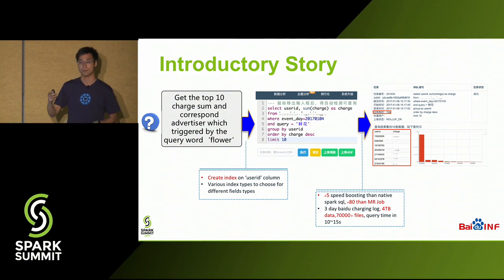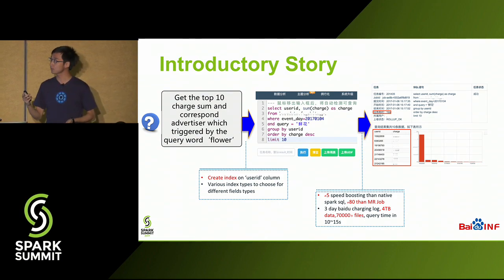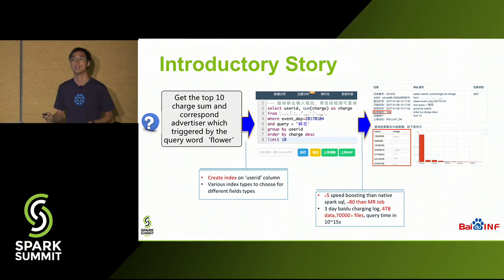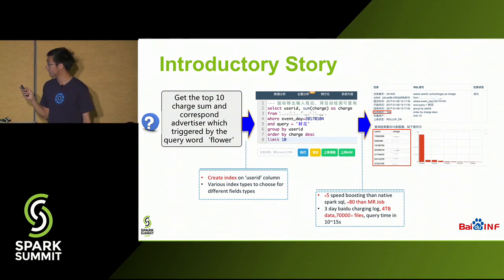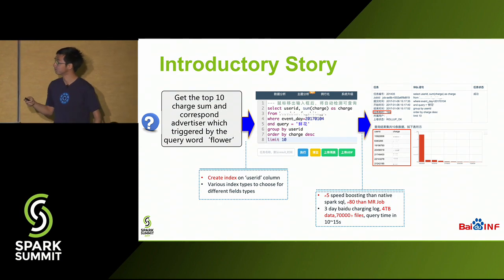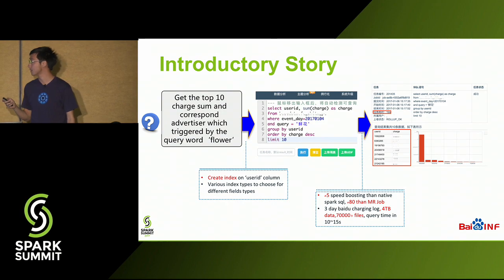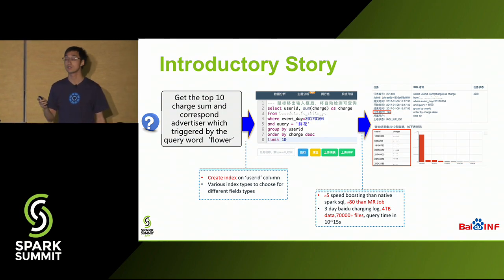And also we can use multiple types of index. Currently we support B+tree and also bitmap. And also you can find we can be 5 times faster than the native Spark and even 80 times faster than the MapReduce job.